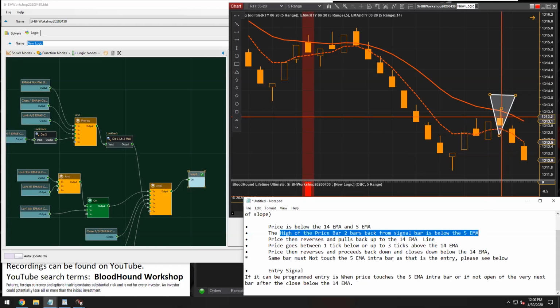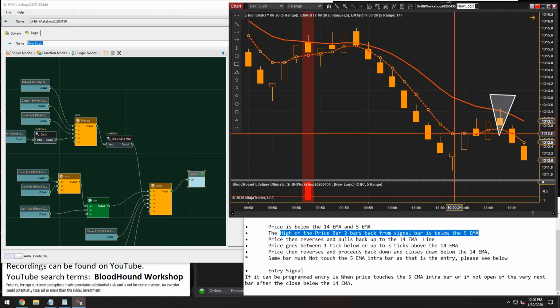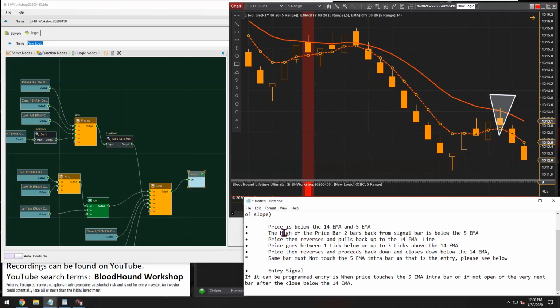Looking back 2 bars from the signal bar, even looking back 3 bars, we can see the high is above, the high is above, the high is above our EMA5. So there we go. Now we've got this working here.